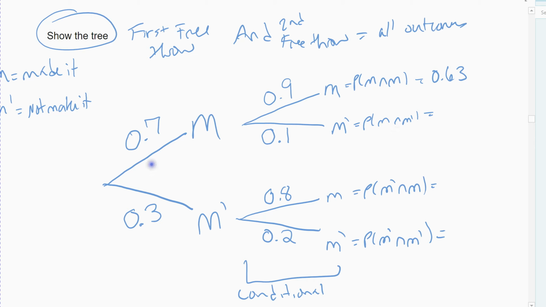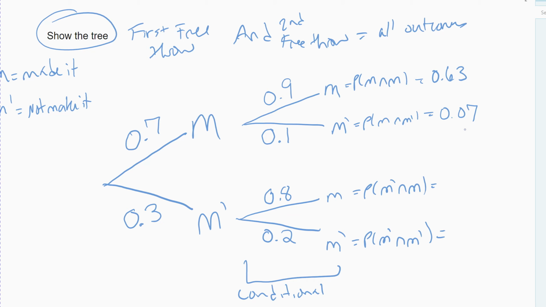Alright, then I do the next case. She makes the first but misses the second, so 0.7 times 0.1 comes out to 0.07. And so the probability she makes the first and then misses the second is 0.07, or 7% of the time when she shoots both free throws, she will make the first and miss the second.